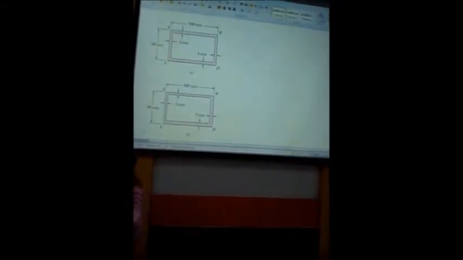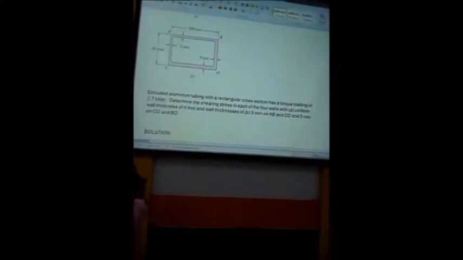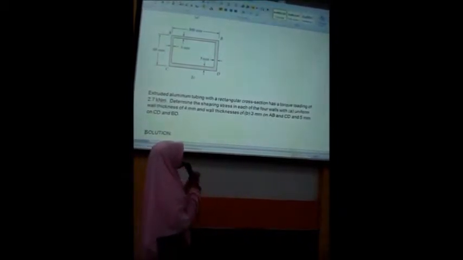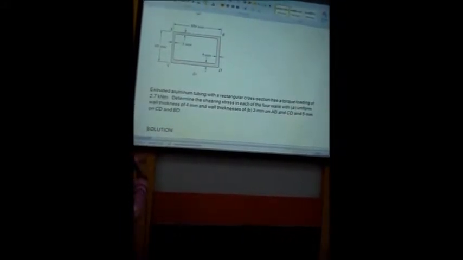Okay, we have two figures A and B, and then the question is: an extruded aluminium tubing with a rectangular cross section has a torque loading of 2.7 kN. So torque is given in the question.